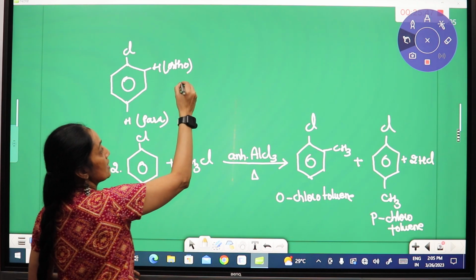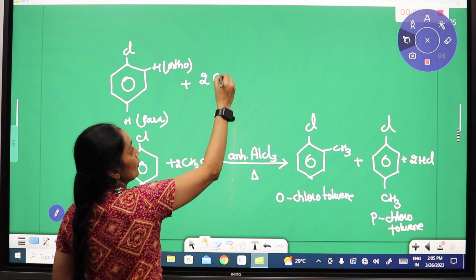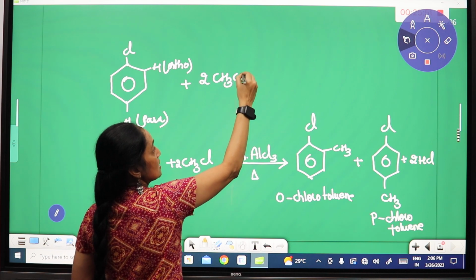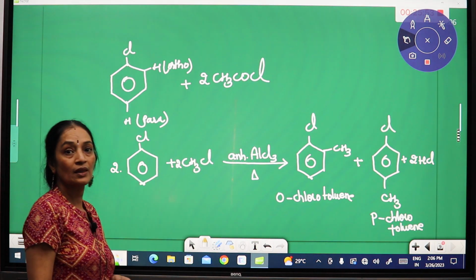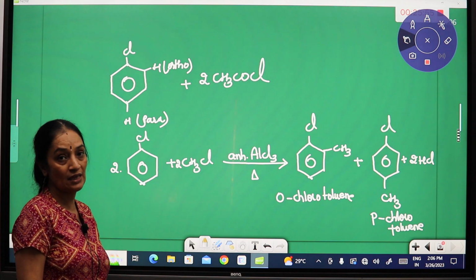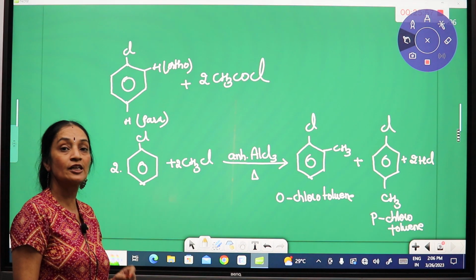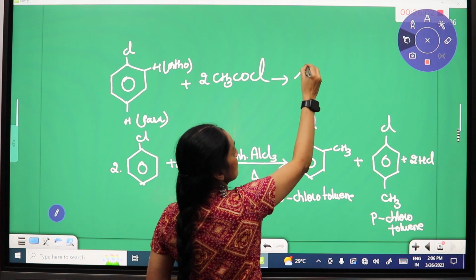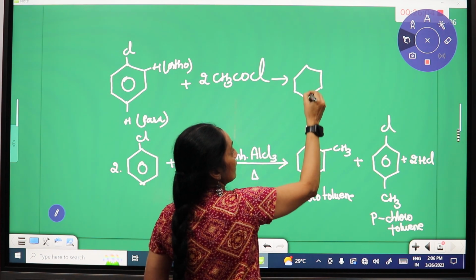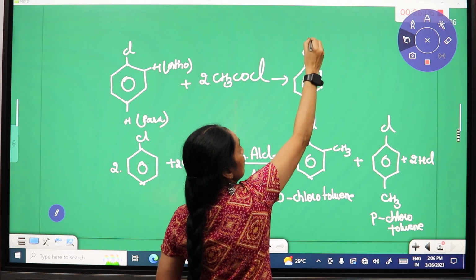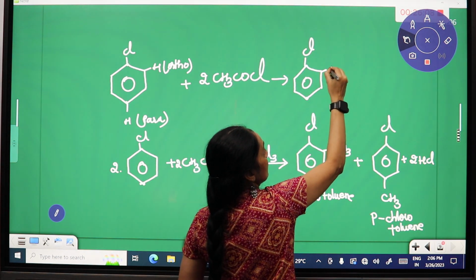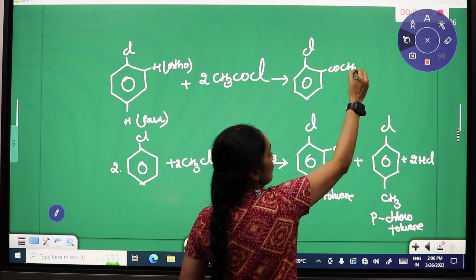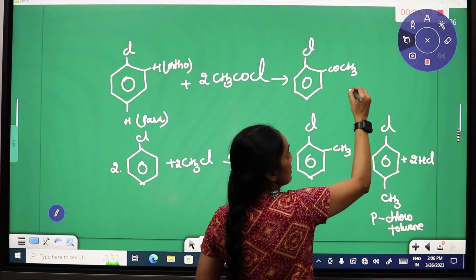What exactly acylation is, you will take 2 molecules of CH3COCl. If you take CH3COCl, we call it Friedel-Crafts acylation. Even in this case, you will get the ortho product and the para product: here Cl, here COCH3, with elimination of HCl.